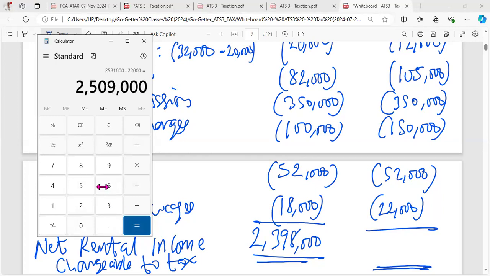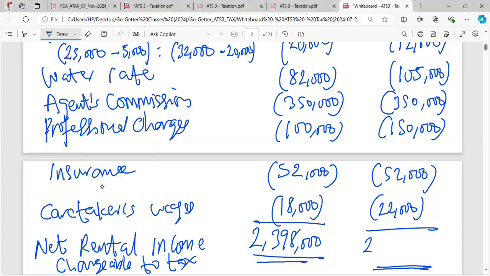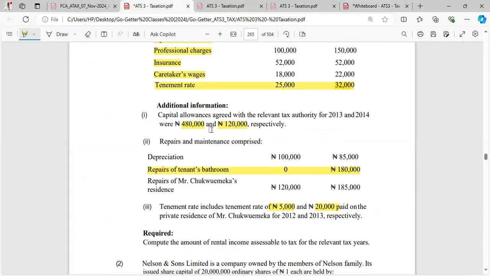That gives me 2,509,000. Now, this is what you are asked to find. So that's typically how rental income will look like.